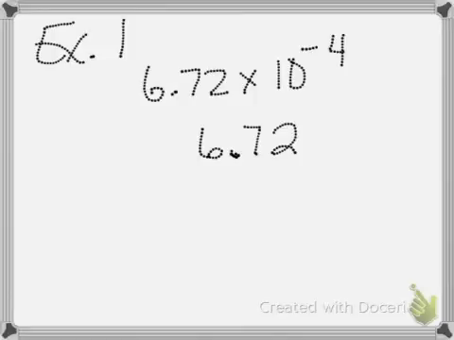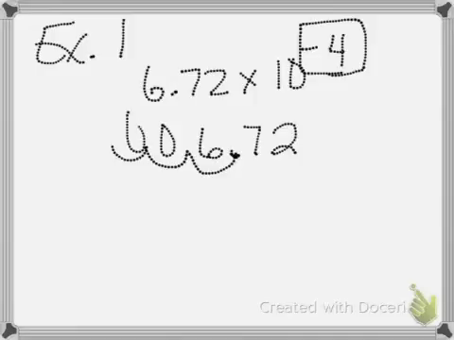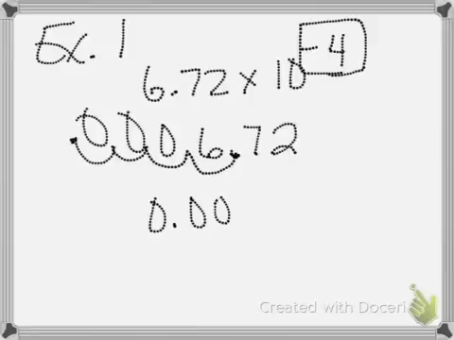Again, it is negative, so I'm going towards the left. I'm going towards the left 4 times: 1, 2, 3, 4. And again, I put those zeros as placeholders because I ran out of moves. So I'm left with 0.000672.